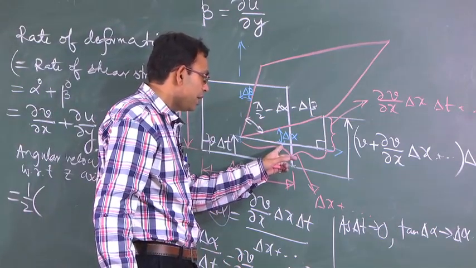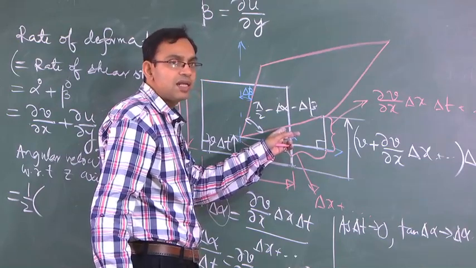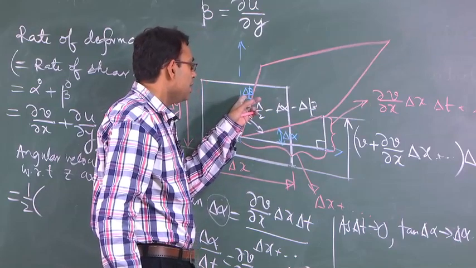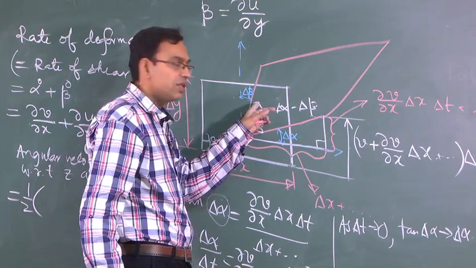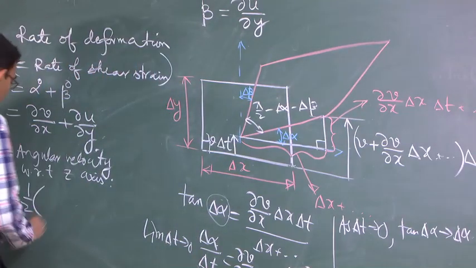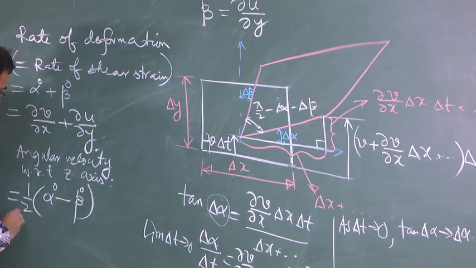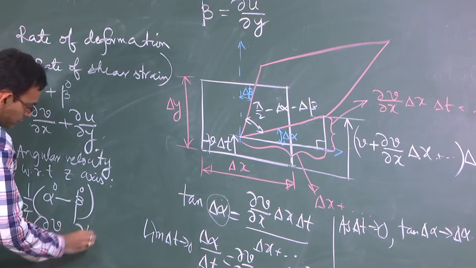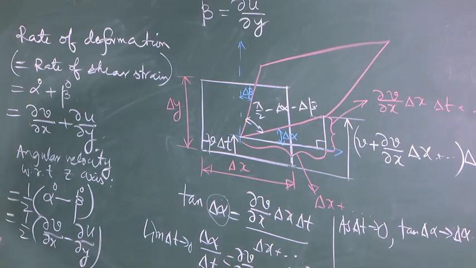So, this line element according to the schematic is shown to move in the anti-clockwise direction. So, it is positive, and this line element according to the schematic is shown to move in the clockwise direction. So, that is negative. So, this is half of alpha dot minus beta dot.